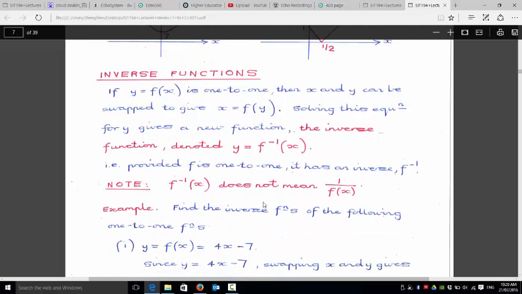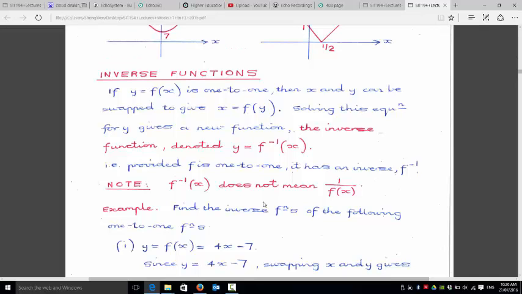Okay, let's come to the inverse function. The inverse function is an extension of the concept of one-to-one function.